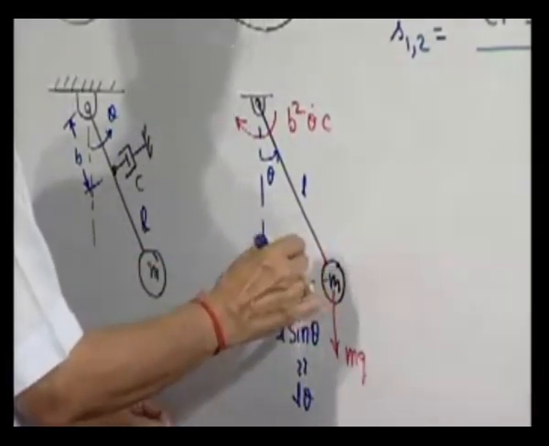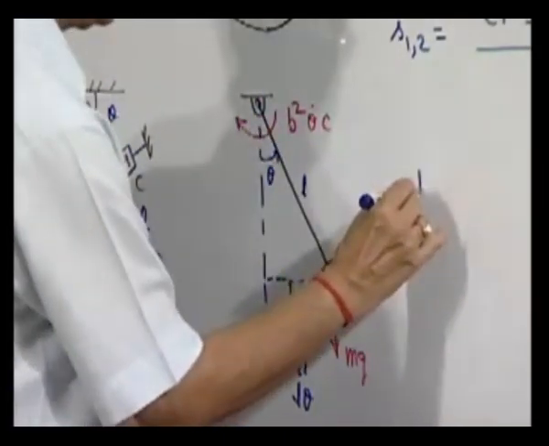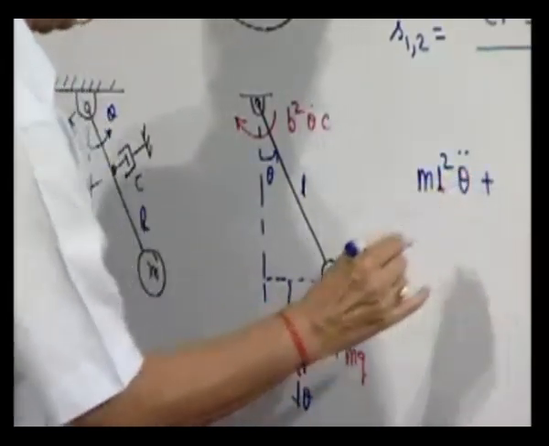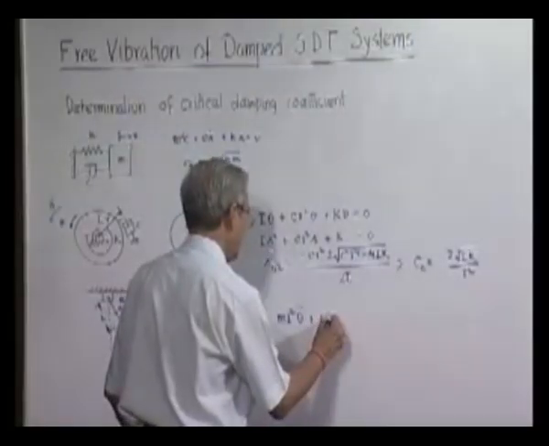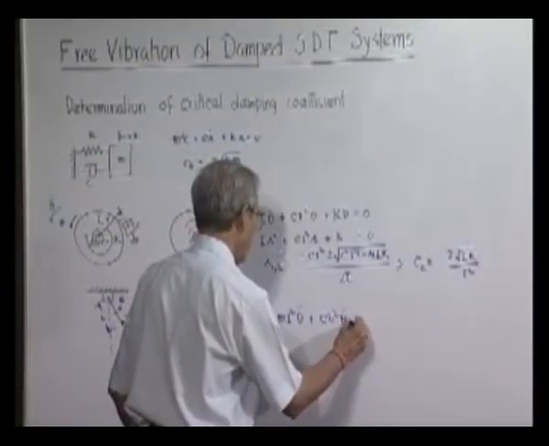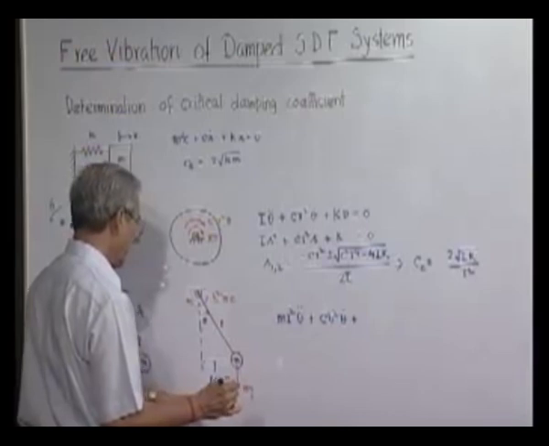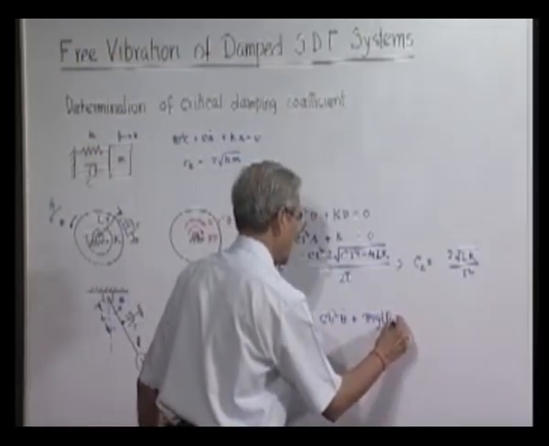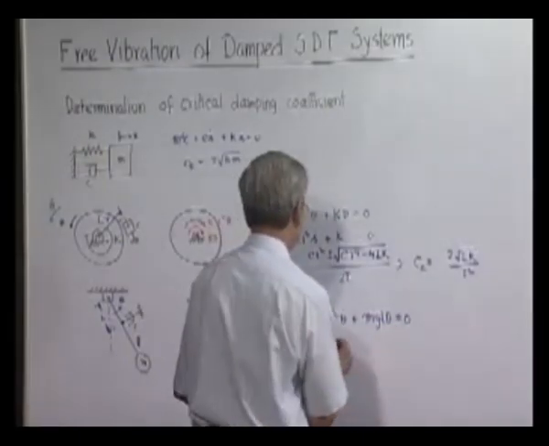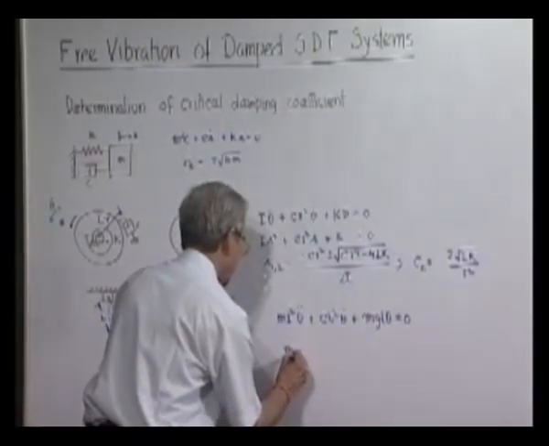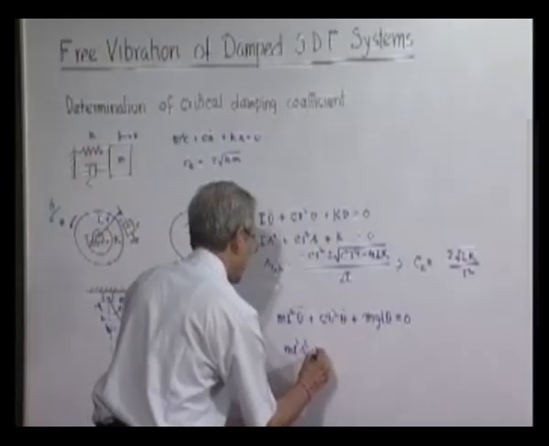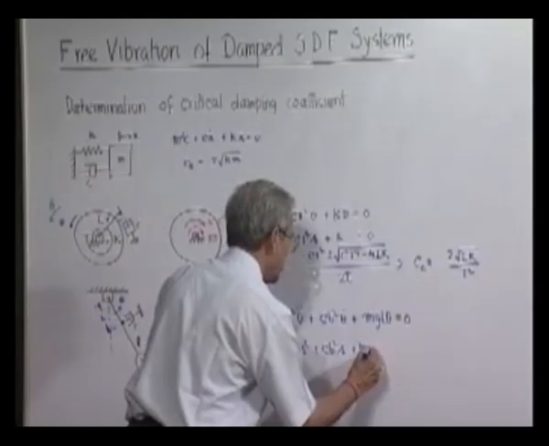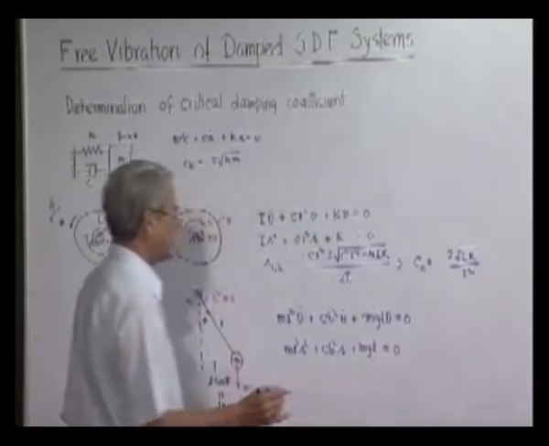So, therefore, the moment of inertia equation of this is m L square into theta double dot plus C b square theta dot plus m g L theta is equal to 0, and obviously m L square s square plus c b square s plus m g L equal to 0 is the characteristic equation.